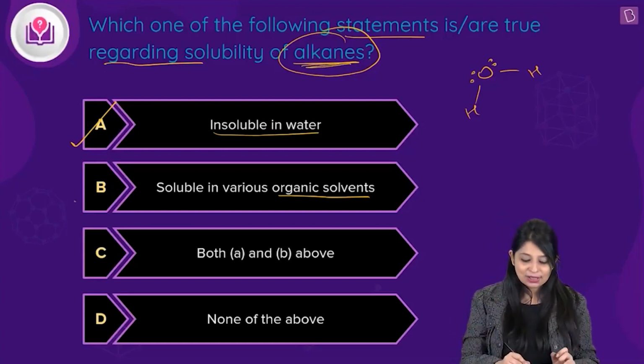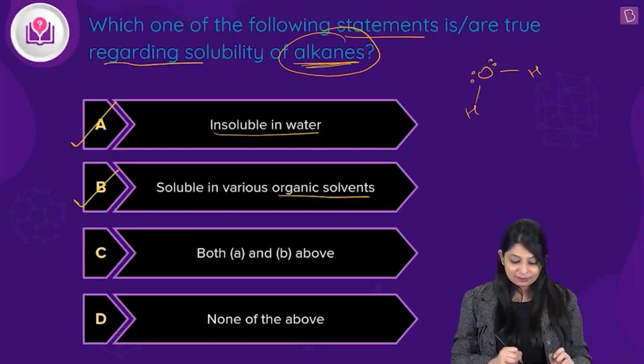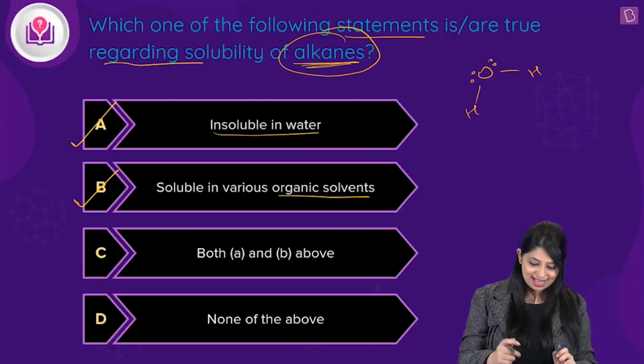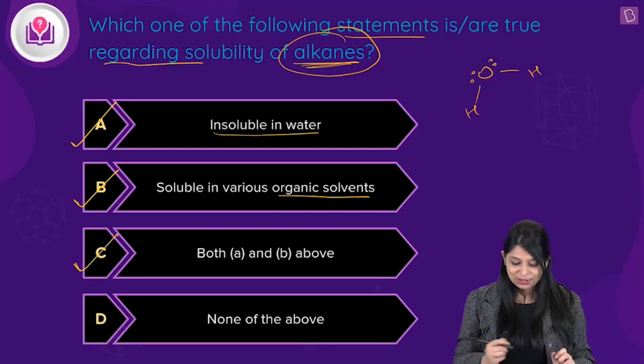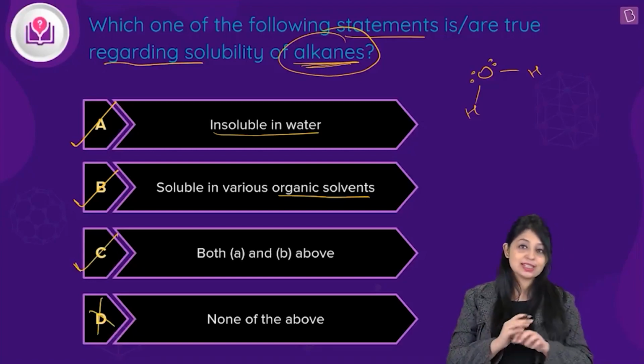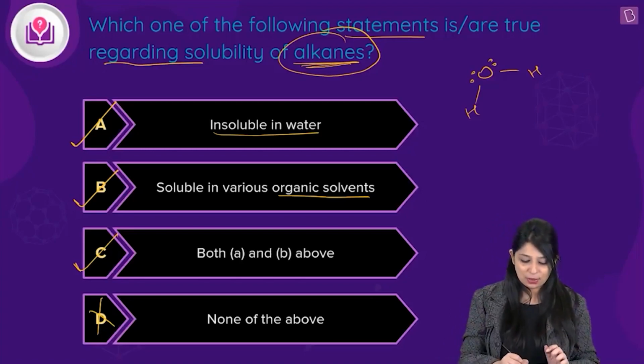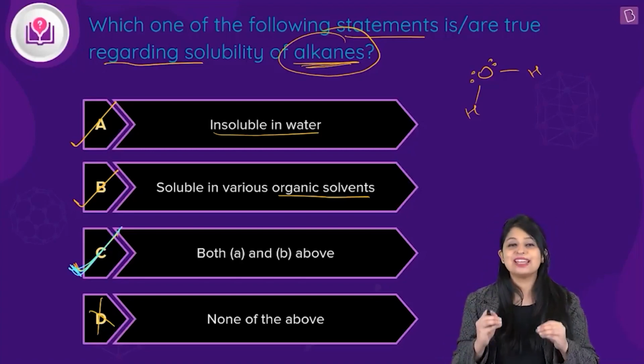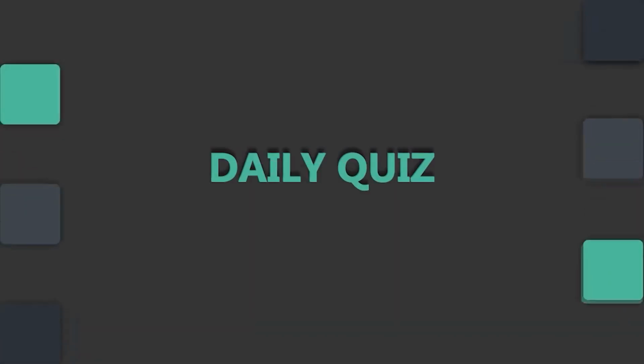So yes, statement B is also correct. Option C says both A and B. So yes, that is correct. Option D is none of these, which is not correct. So the correct option to this question is option C, which says that both option A and option B are correct.